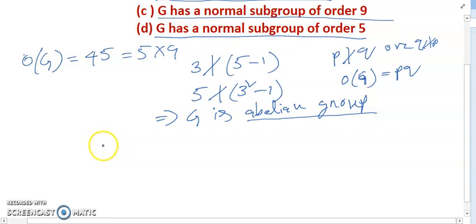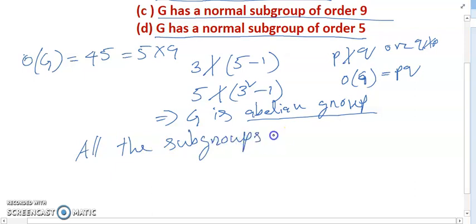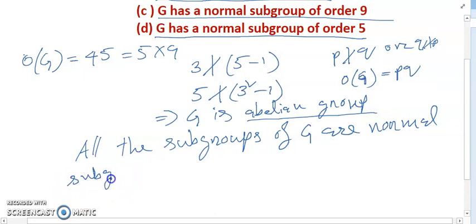And another way you can say, all the subgroups of G are normal subgroups.